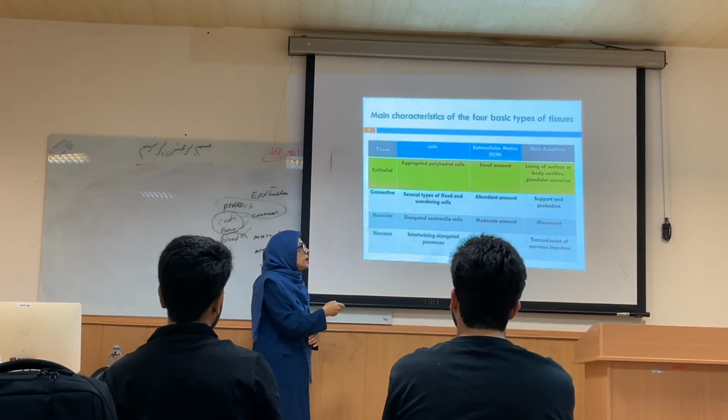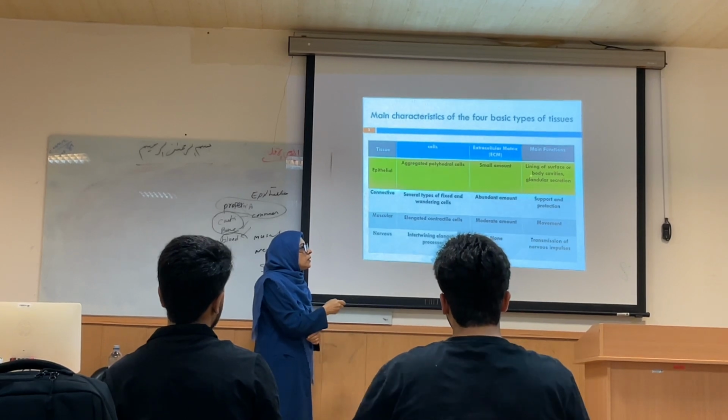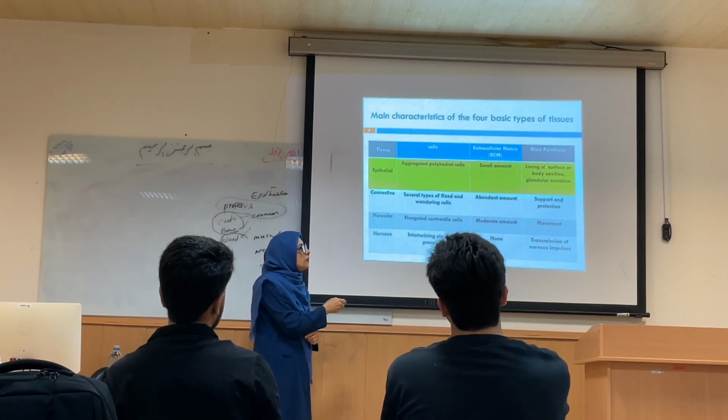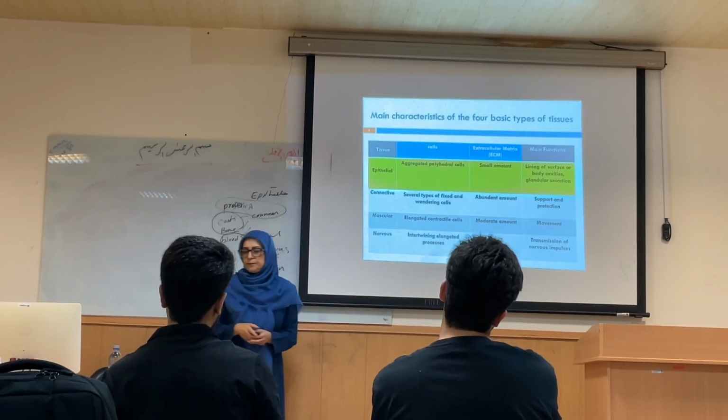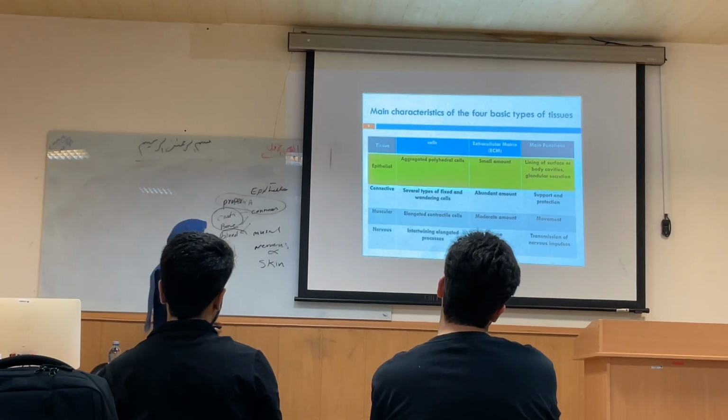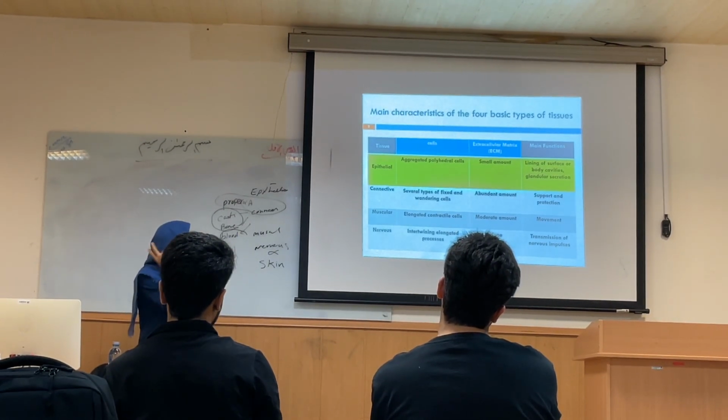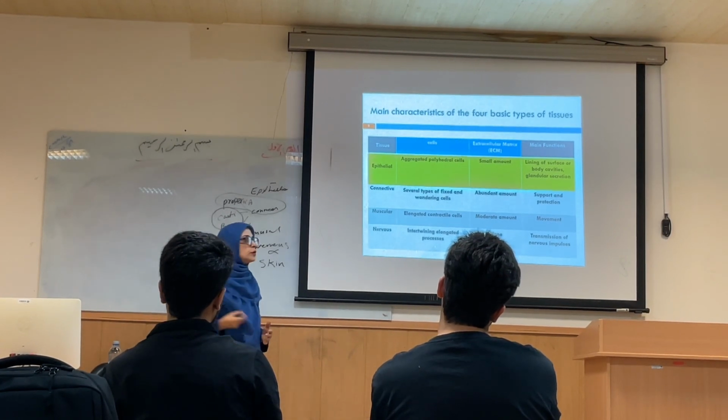It covers the outer part of the body and also lines the body cavities. The connective tissue has several types of cells compared to other tissues.